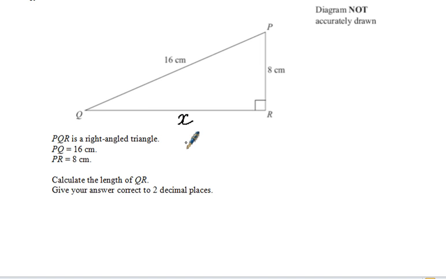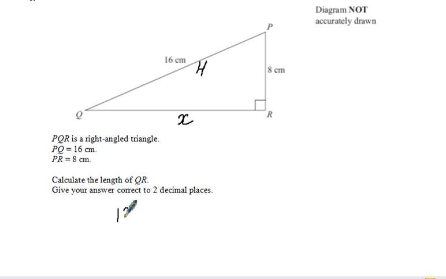Alright, so to use Pythagoras correctly, we need to find the hypotenuse first. Hypotenuse is the side which is opposite to the right angle and is the longest side in a triangle, so that is the side PQ in this case. So therefore, let's write our Pythagoras with the numbers given.